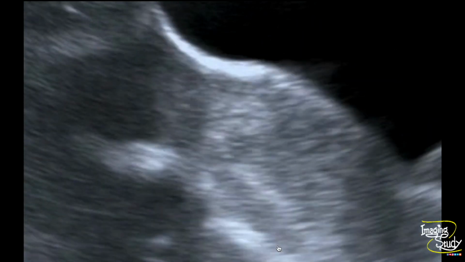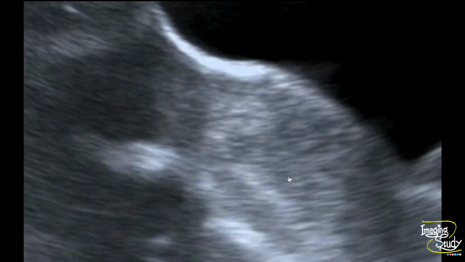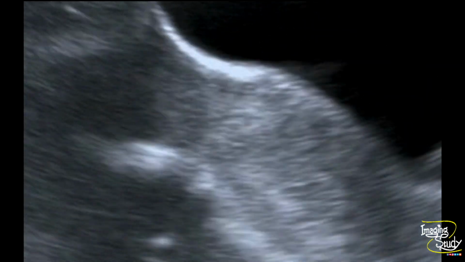Here on the magnified image, you can see this continuation of the hypoechoic collection with the myometrium due to a breach in the continuity of the perimetrium at this point.